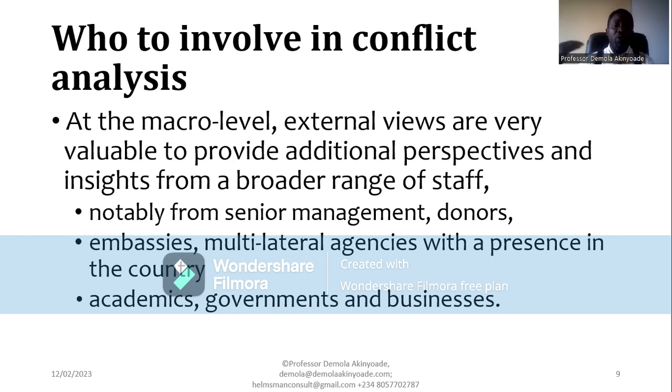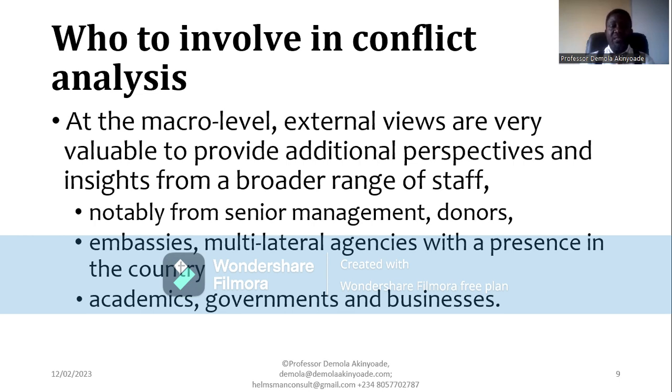Also, at the macro level, we just completed the micro level. Now, who do we involve at the macro, that is higher level? Depending on the nature of the conflict, we involve the donors, senior management staff, embassies, multilateral agencies who have presence in that country.